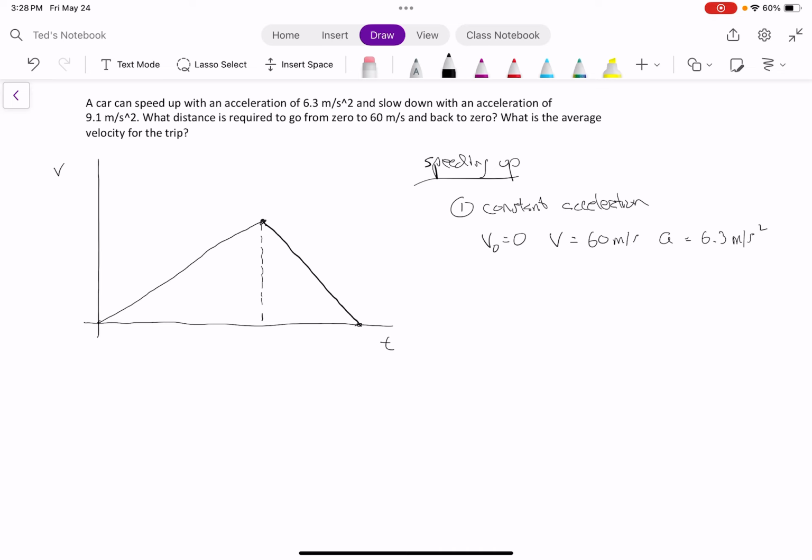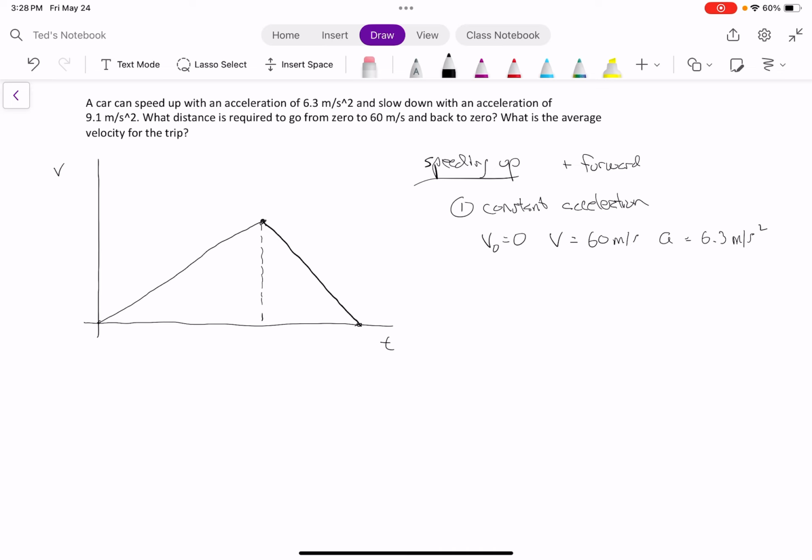Now, I do want to be careful. I am going to make positive the forward direction, and the car is moving forward at the end of the trip, so that's a positive velocity, and the car is moving forward and speeding up the whole time, so that means we also have a positive acceleration.